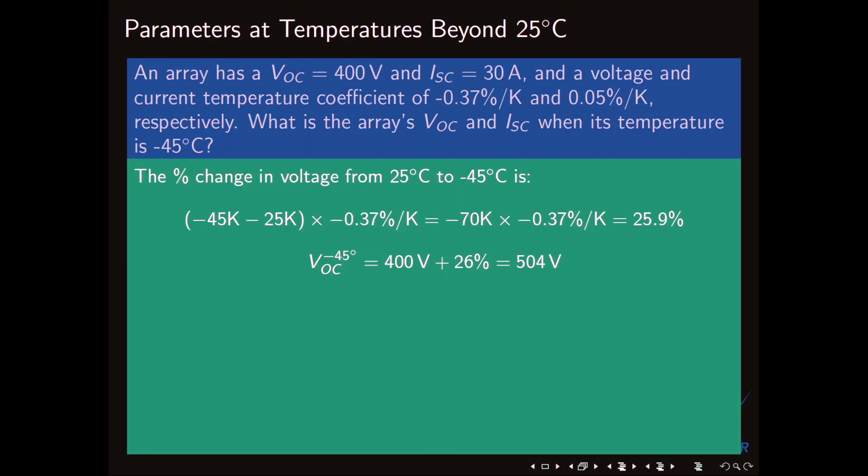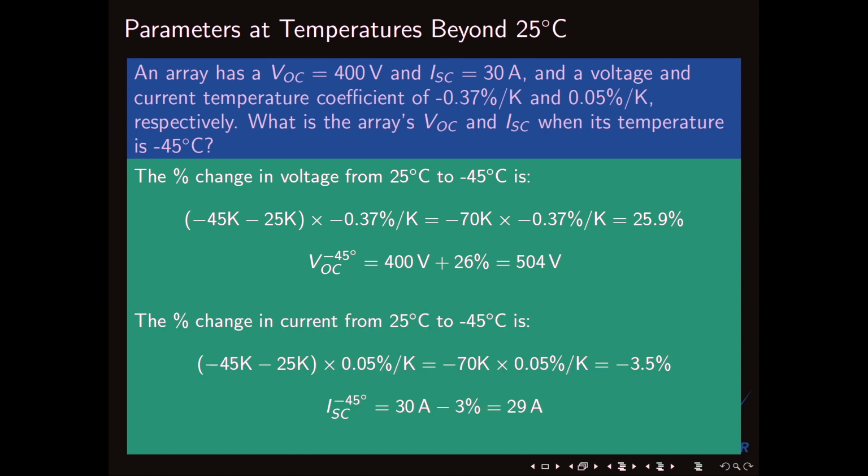All we do is multiply the temperature differential from 25 degrees Celsius by the coefficient, and in the case of voltage, we notice that the voltage will increase by a little bit more than a quarter, and in the case of the short circuit current, it will decrease by a slight 3%. So this is very important because you have to make sure that your entire balance of system, all your converters, are rated for whatever the PV generator is going to put out.